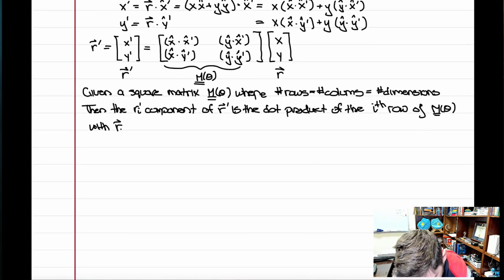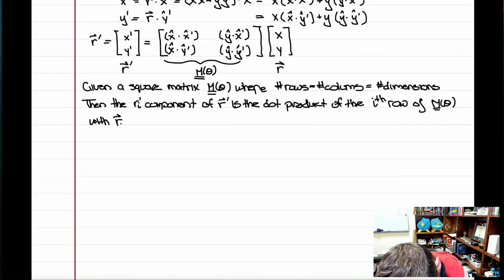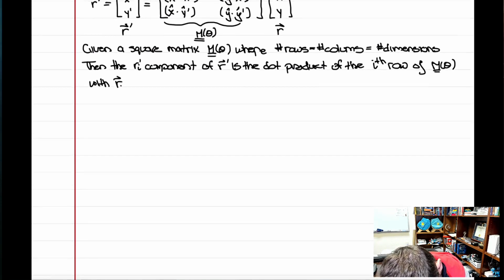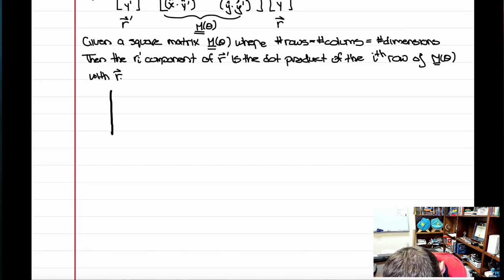If I redraw the axes, I have the black axis, and then I've rotated it with the same origin to get the red by some angle theta.